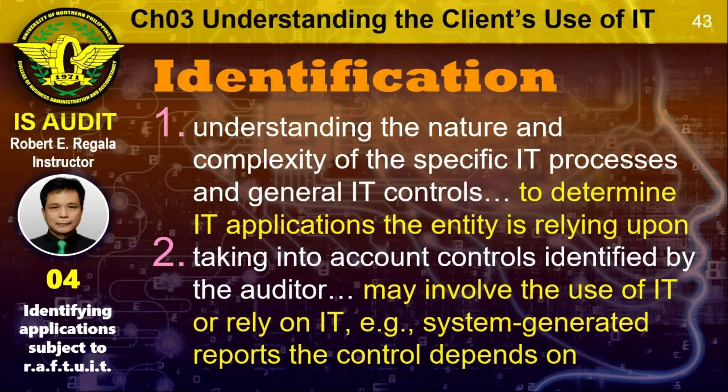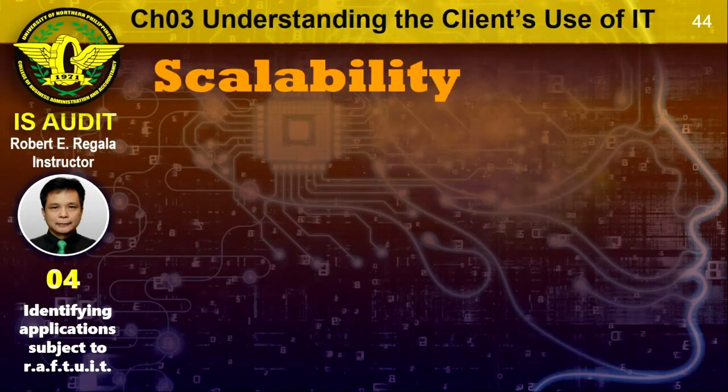The controls identified by the auditor may depend on system-generated reports, in which case the IT applications that produce those reports may be subject to risks arising from the use of IT. In other cases, the auditor may not plan to rely on controls over the system-generated reports and may plan to directly test the inputs and outputs of such reports, in which case the auditor may not identify the related IT applications as being subject to risks arising from IT.